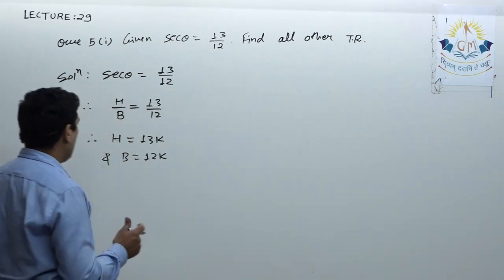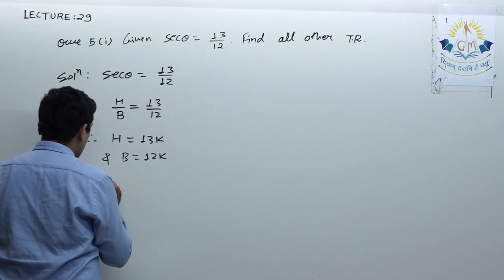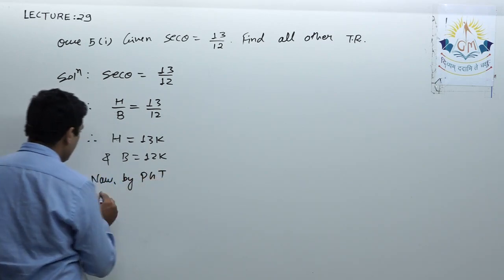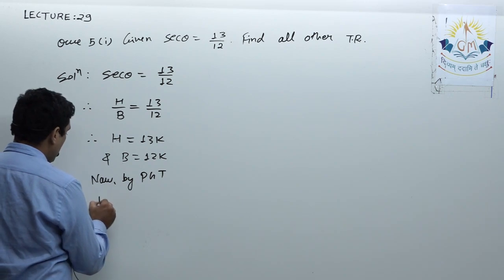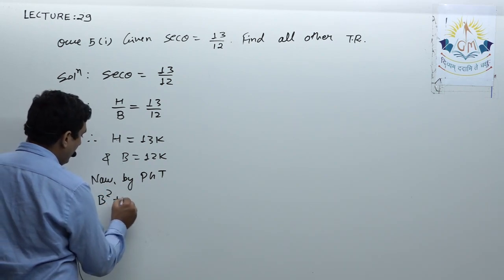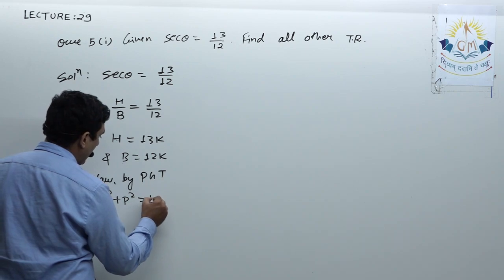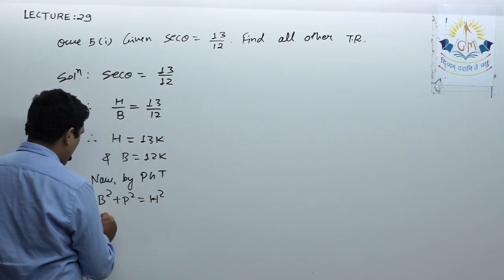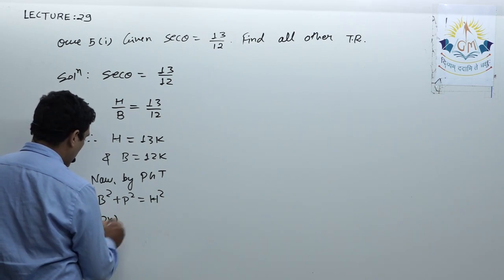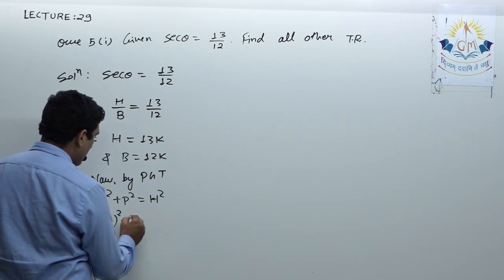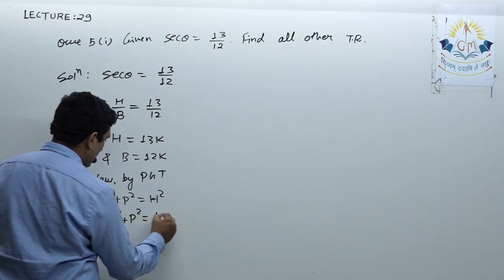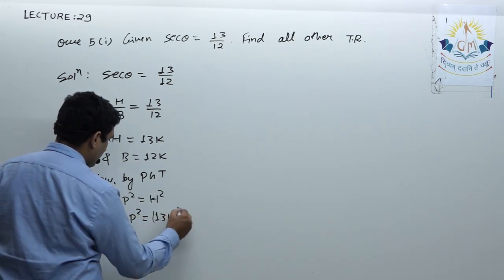Now by applying the Pythagoras theorem, I can say p square is equal to h square minus b square. 12k whole square is the base; p square is what we have to obtain, h square is 13k whole square.